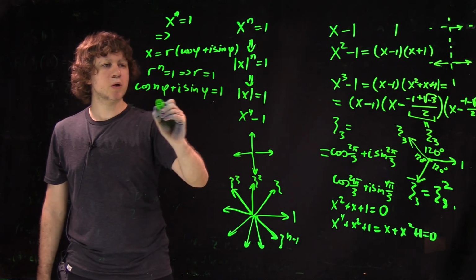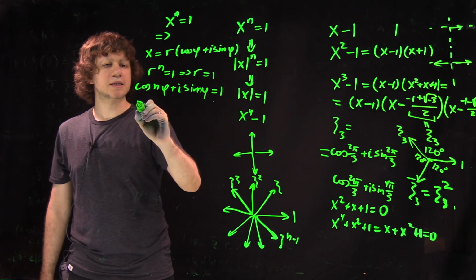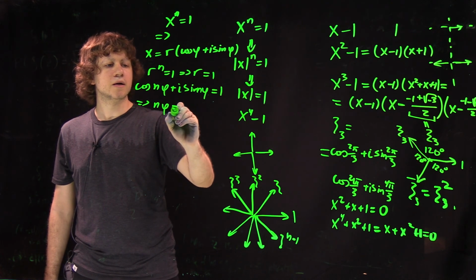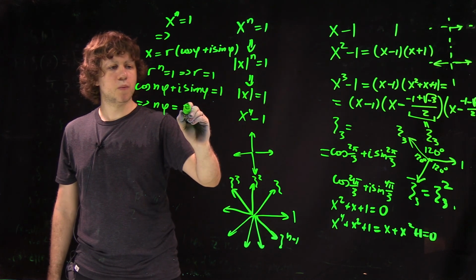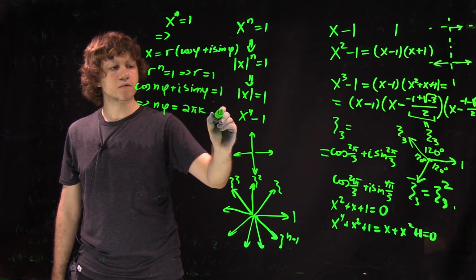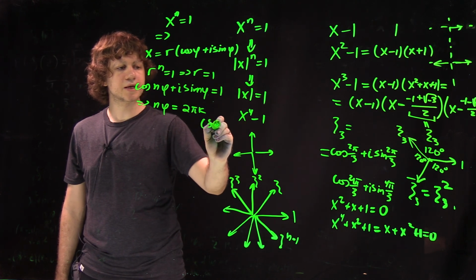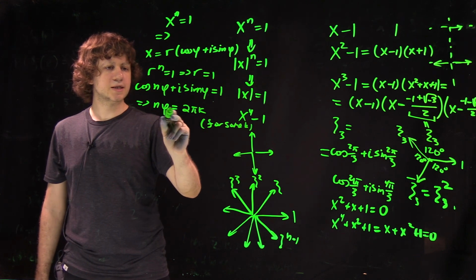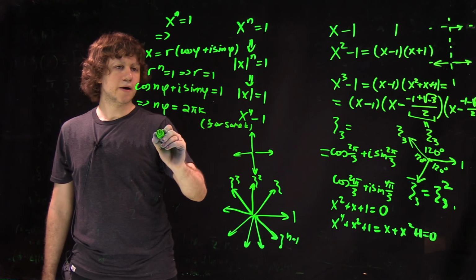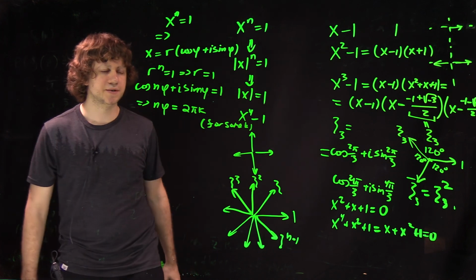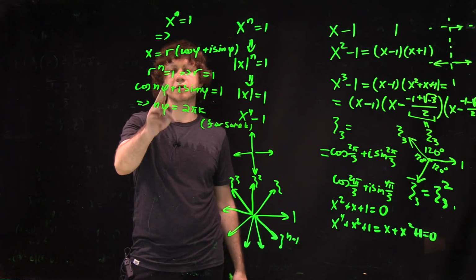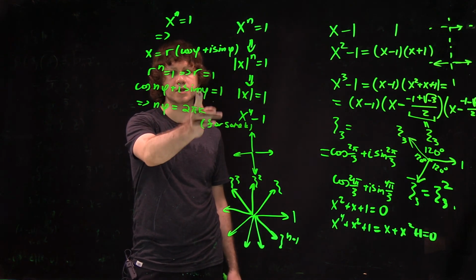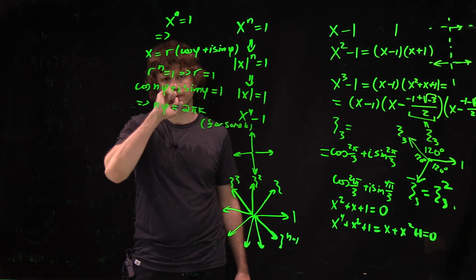And when it equals 1, it means that n phi is a multiple of 2 pi k for some k, and this is n phi equals 2 pi k, and then this will be satisfied, because cosine of 0 is 1, sine of 0 is 0, and that's the only solution.